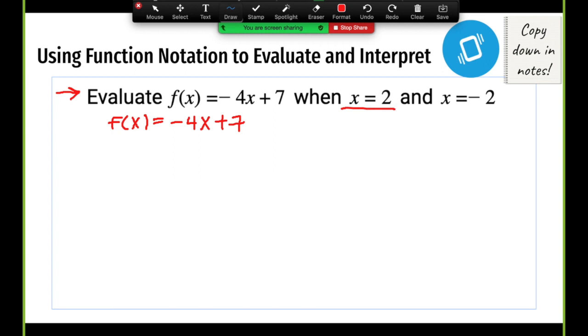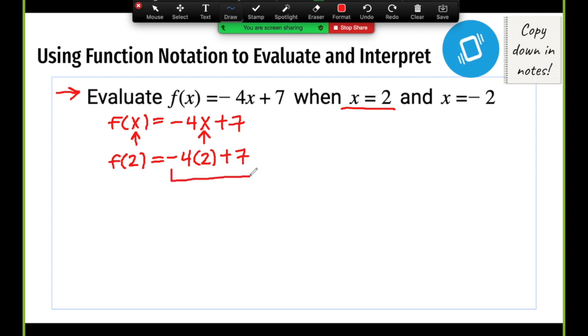I want to input my 2 into my function, and the way I'm going to do that is by inputting it into my x. When I do that, I have f of 2 equals negative 4 times 2 plus 7.